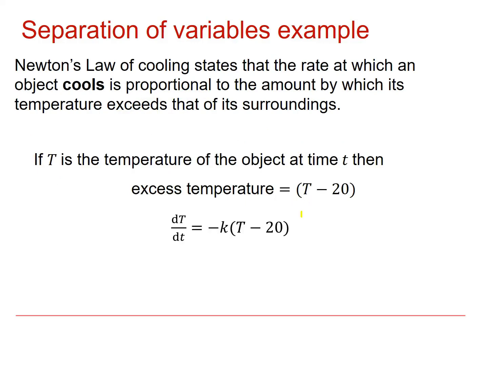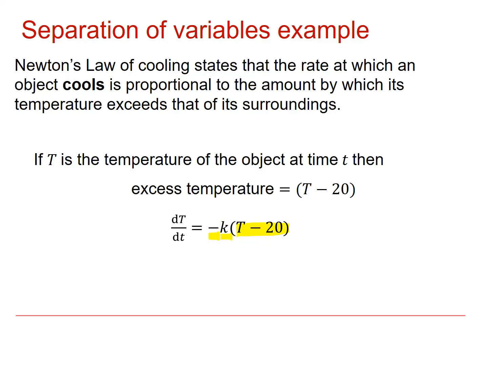So if the cup of coffee is at T degrees at any time, then T minus 20 represents how much higher than the room temperature that is, and the rate of cooling is proportional to that. So the rate of cooling is minus k, minus because it's cooling, so I want this k, this constant of proportionality, to be a positive value.